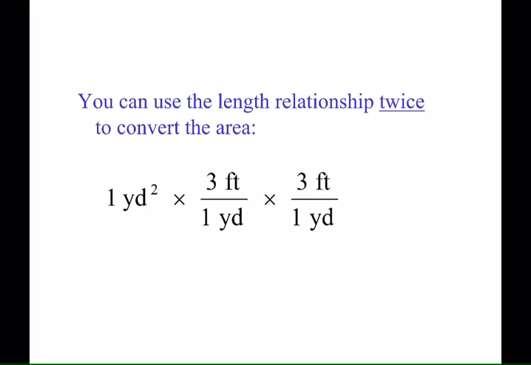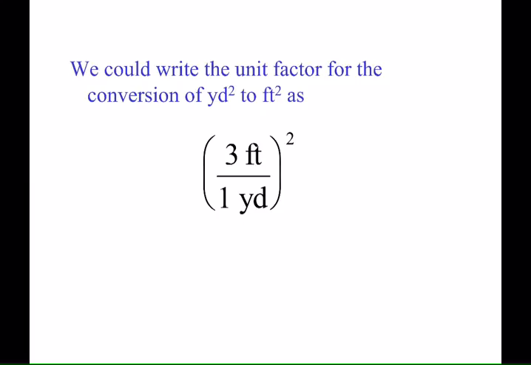We need to cancel in the denominator. So we've officially worked this problem of converting 1 yard squared to feet squared using the factor label approach. The only thing that was different was we had to use 2 terms of that equivalency statement, 2 ratios. I had to use it twice in order to get our yards squared to cancel, and that left us with feet squared.